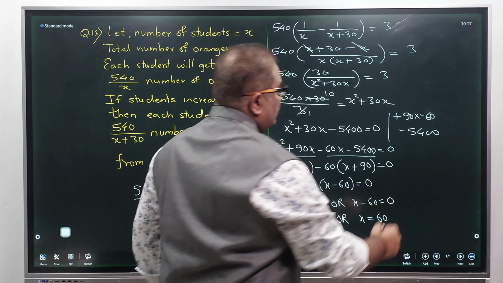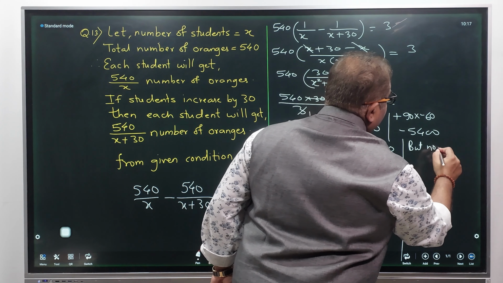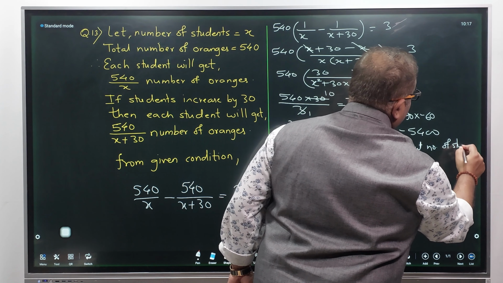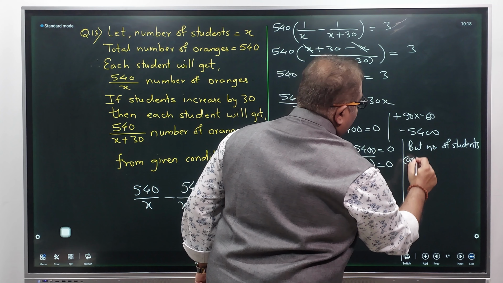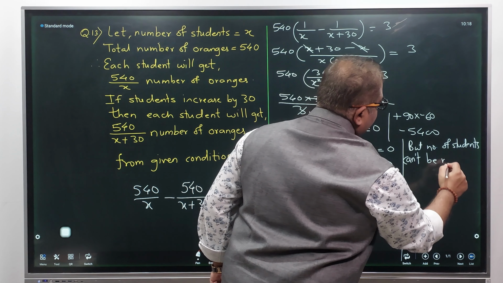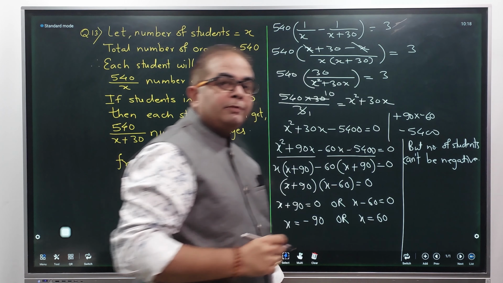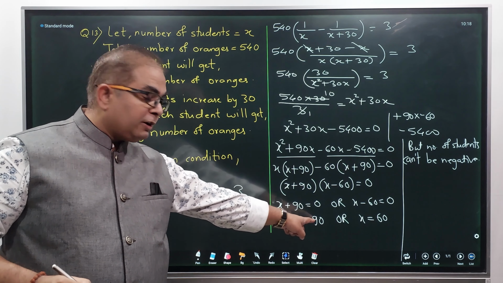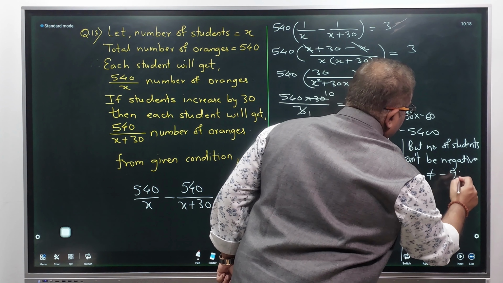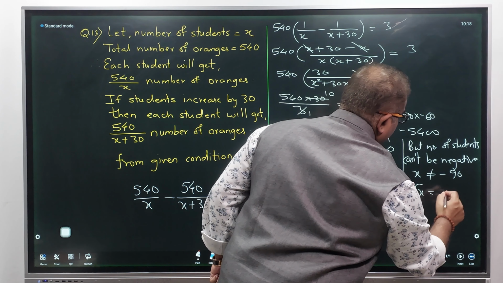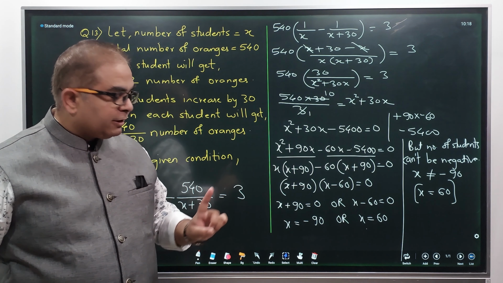So if the number of students cannot be negative, x cannot be equal to minus 90. So x is equal to 60. करेक्ट, ये आंसर अपना करेक्ट होना चाहिए.